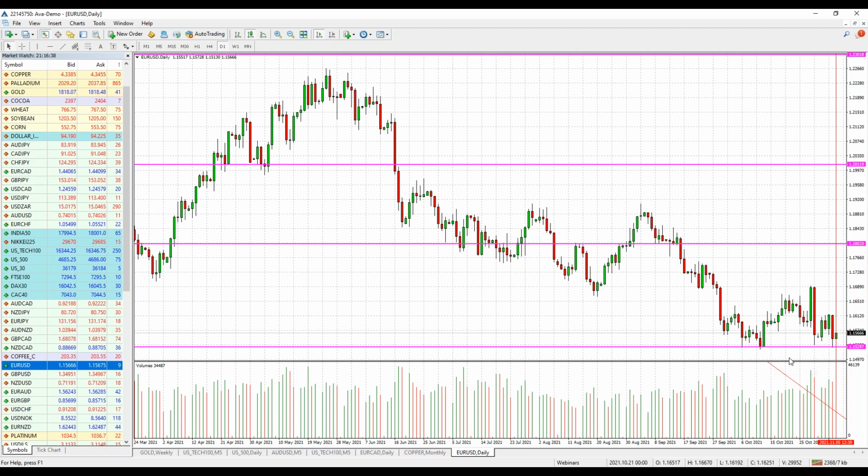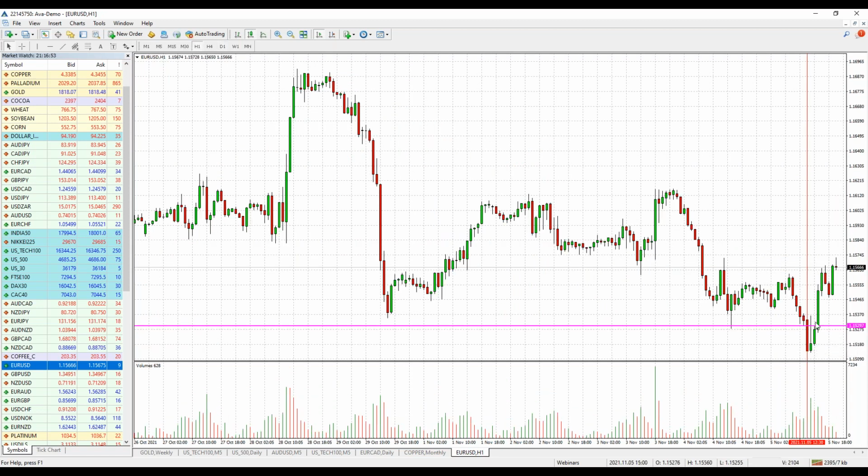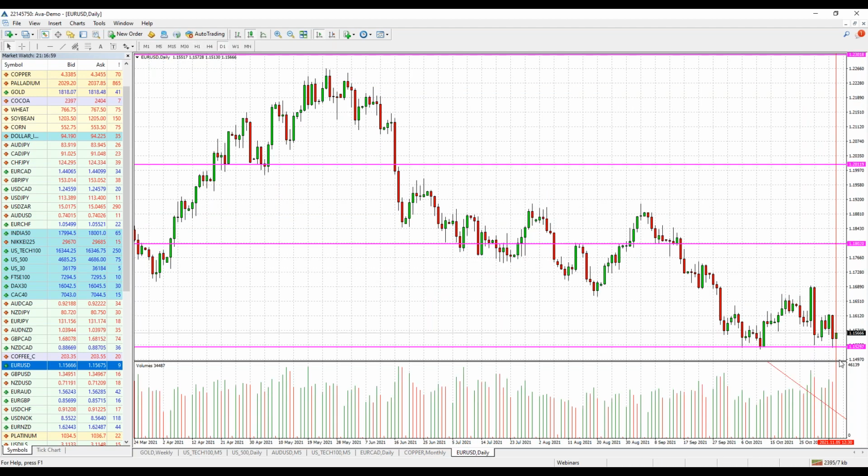At least we know that this level is holding very strong. 5 attempts, we couldn't break 115.30, and this was on Thursday. And Friday, again after the NFP announcements, Euro had a little bit of a move up. So we'll be watching what the dollar index is doing, of course, with Euro.